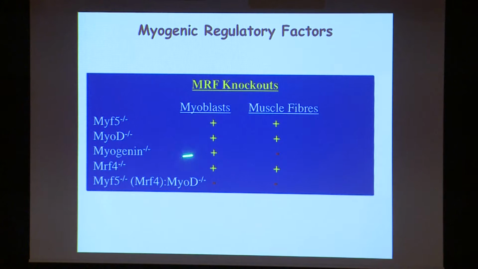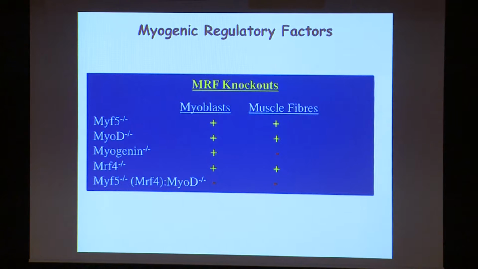In the myogenin knockout, myoblasts form, but muscle fibers don't form. So that points to the fact that myogenin contributes to the differentiation rather than the determination state, since the progenitors are present, but they don't differentiate correctly.